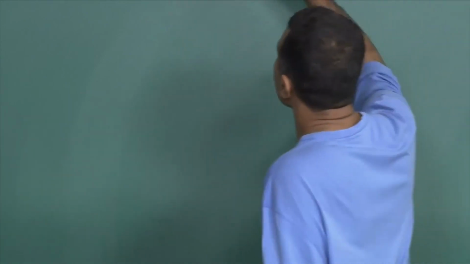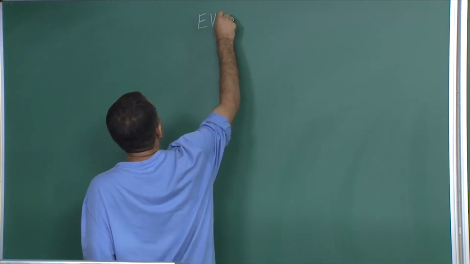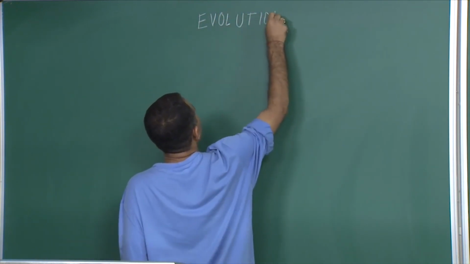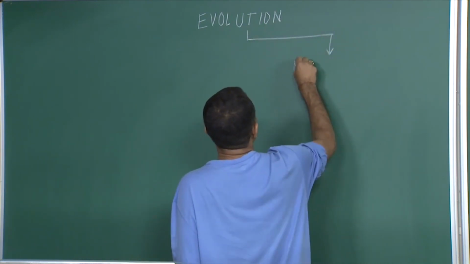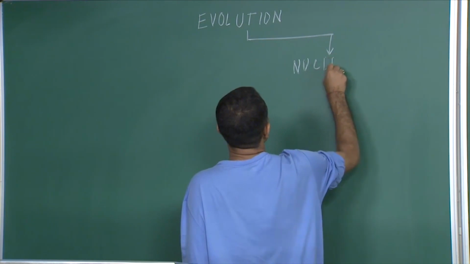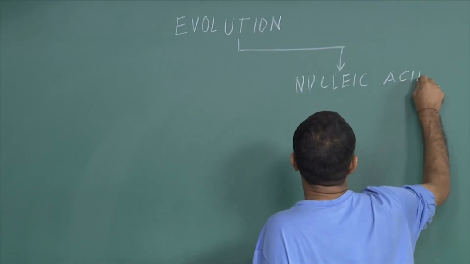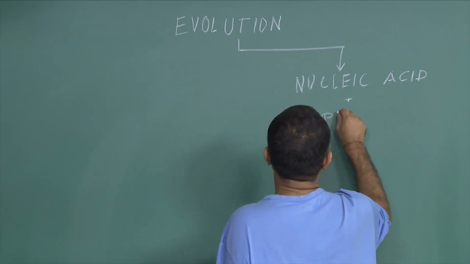If I had to broadly classify the evolutionary theories which are currently debated, then you will see one is nucleic acid followed by proteins.